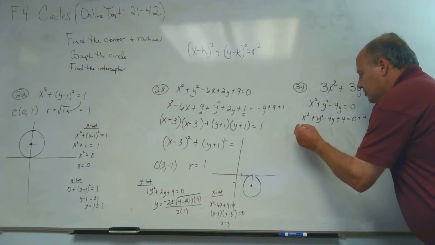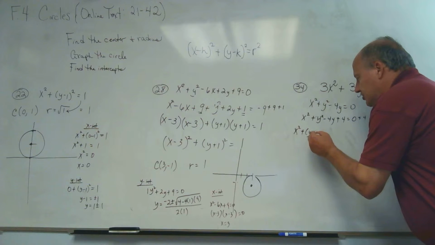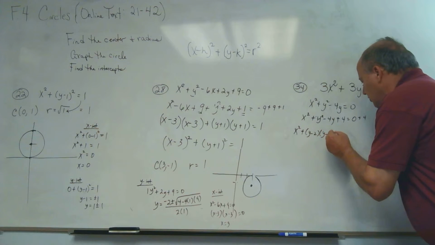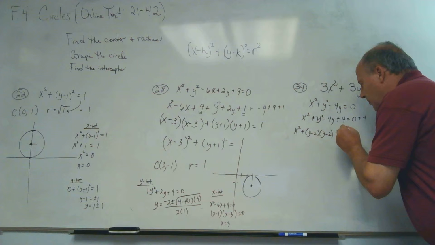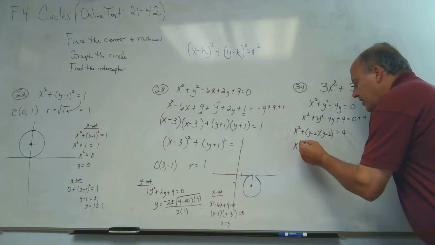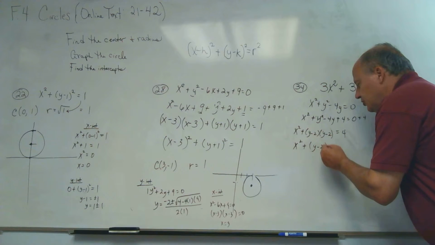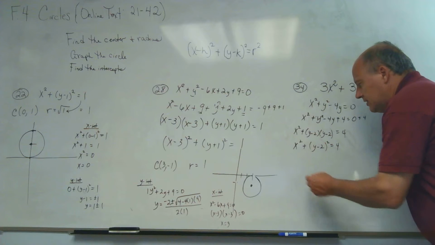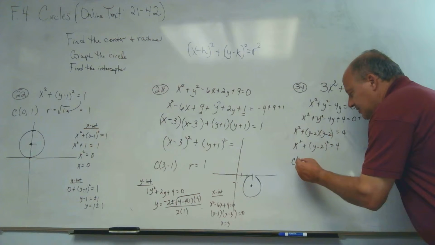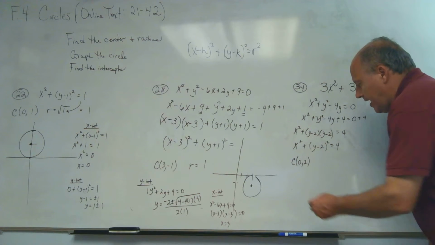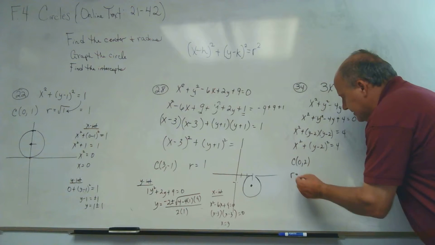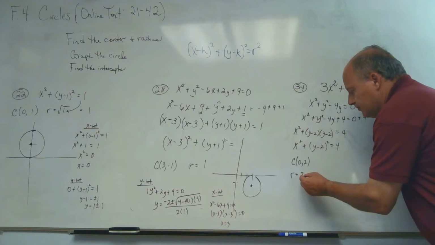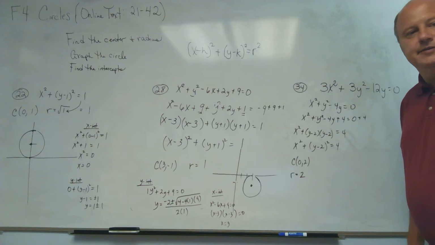So it becomes x squared plus (y minus 2) times (y minus 2) equals 4. And so x squared plus (y minus 2) squared equals 4. So the center is at 0, 2, and the radius is 2 because it's the square root of 4.